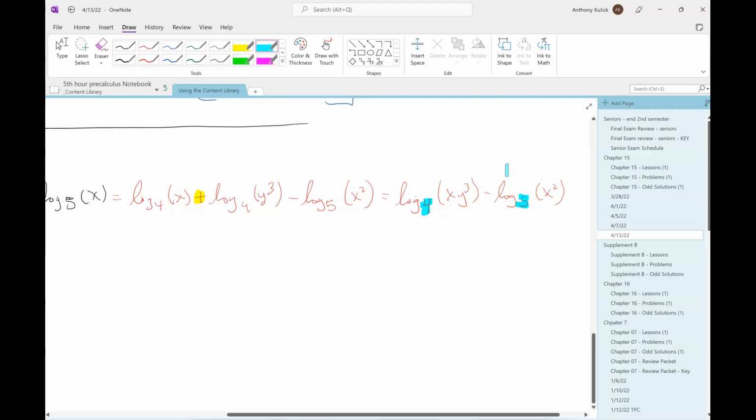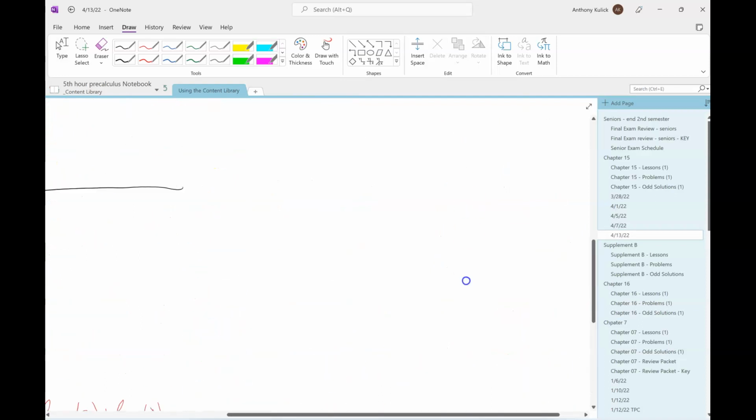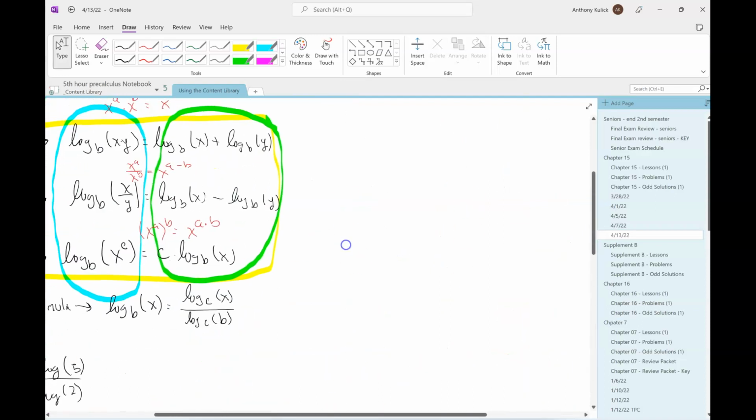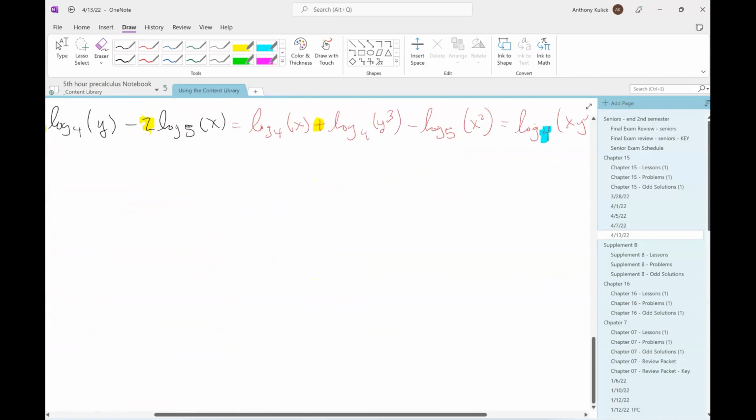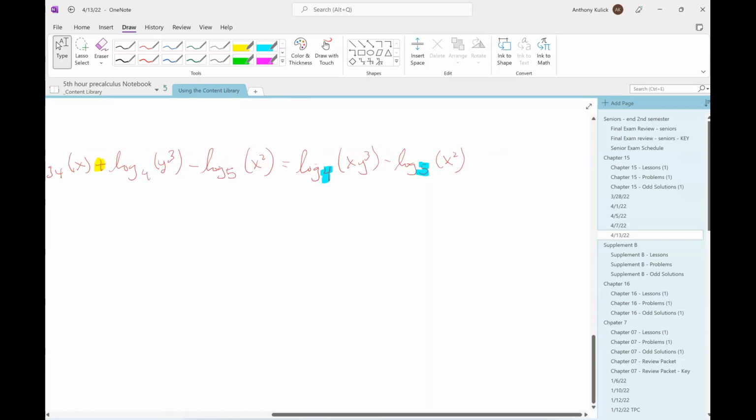The bases of the logarithms are different. Notice the bases of the logarithm are different. One is base 4, the other is base 5. If you go back and you look at the quotient properties, they require the bases to be the same. So at this point, there's nothing more to do. We've condensed it as much as we can.